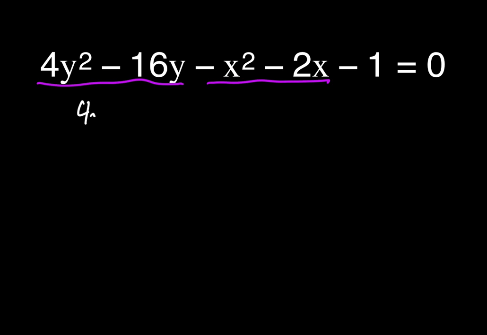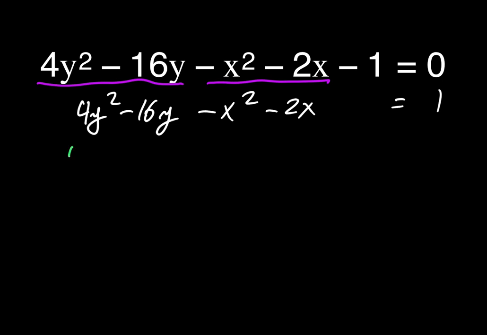So I'll have 4y squared minus 16y minus x squared minus 2x equals 1. And then we will complete the square. First thing we have to do is take the greatest common factor out of the first term, minus 16y.